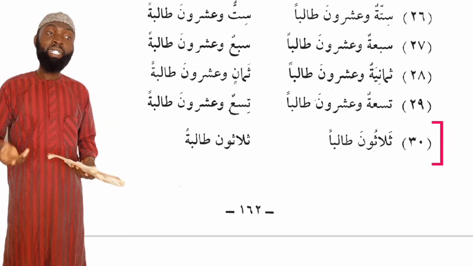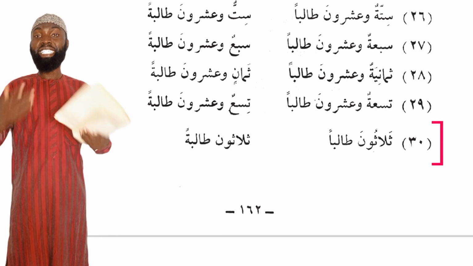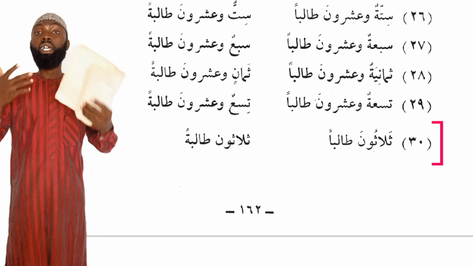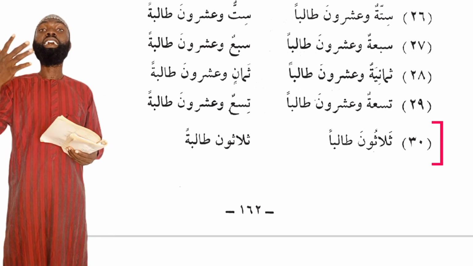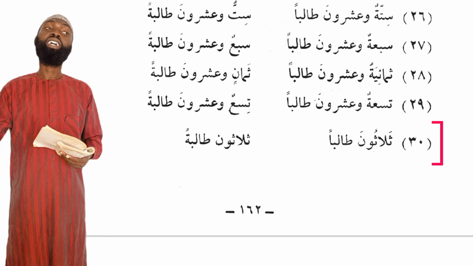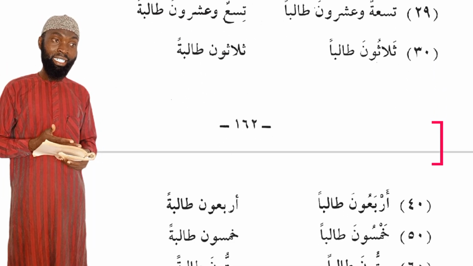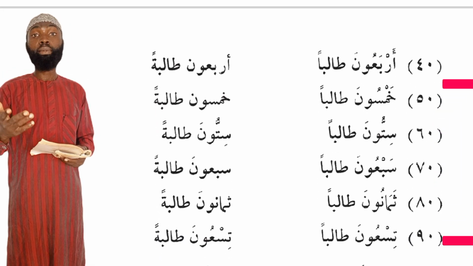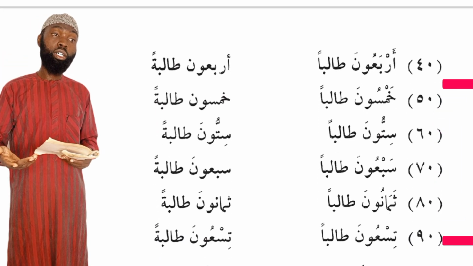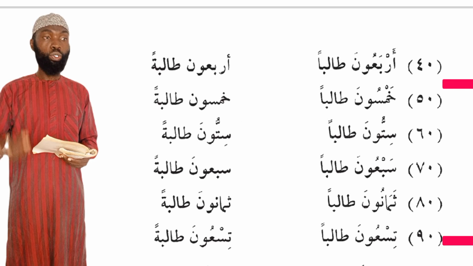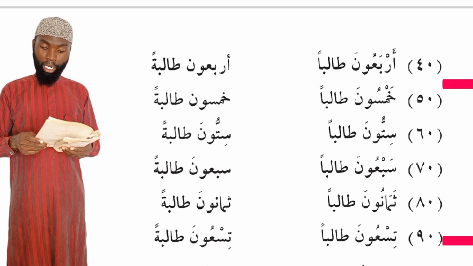MashaAllah. Then for 30, 40, 50, 60, 70, 80, 90, they are all the same. It will always be thalathuna taliban or thalathuna talibatan, 30 male or 30 female students. Do you understand? For 90, tis'una taliban or tis'una talibatan.